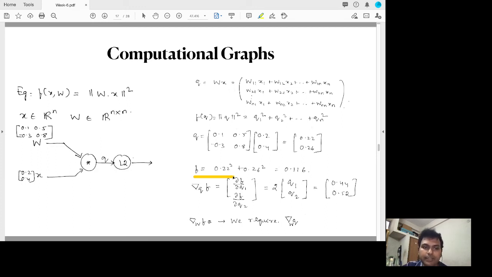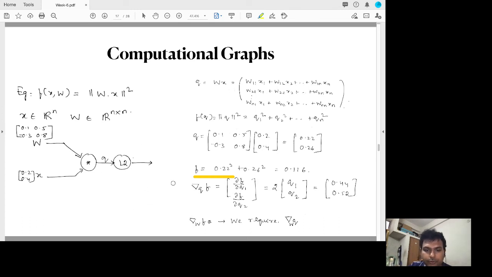Now when you are talking about vectors or matrices, or more than one dimension, always remember that the derivative that you compute would be of the same dimension as the original variable. For example, q here was 2 cross 1 dimensional, so the derivative of the function with respect to q would also be 2 cross 1 dimensional, because otherwise you won't be able to add or subtract that gradient component from q.